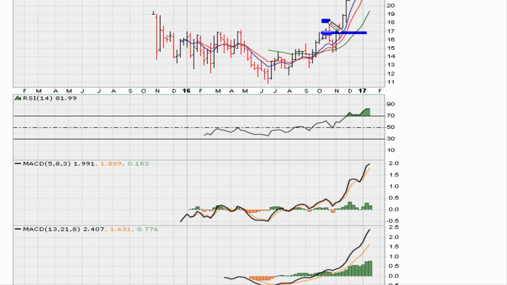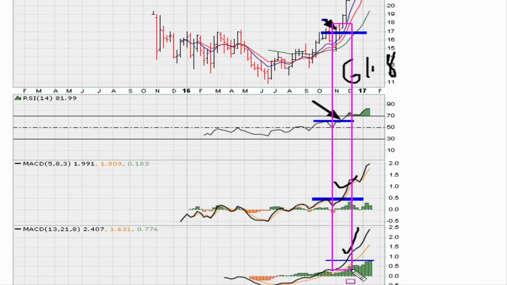Price breaks out, your RSI moves to all-time highs, RSI moves above 61.8 for the first time ever, and this corresponds nicely with the MACDs also jumping to all-time highs. So to crystallize that time period, we're talking about this second breakout here. And as you can see, it met the minimum requirements, RSI and MACDs moving to all-time highs.